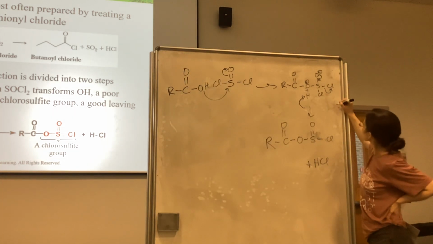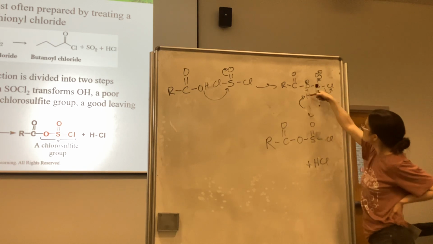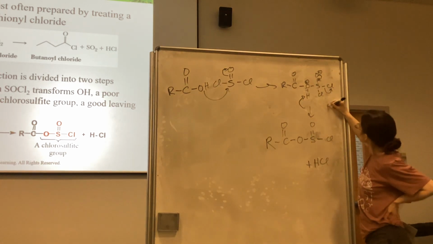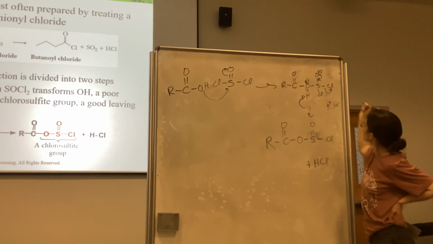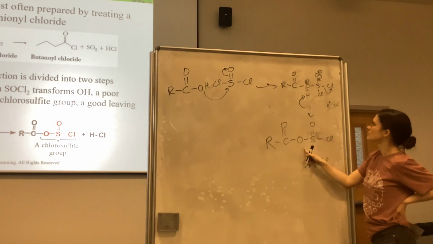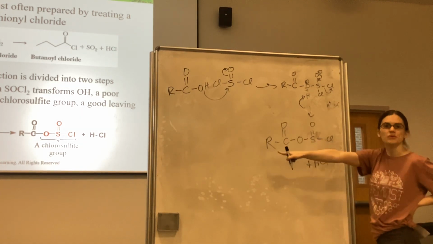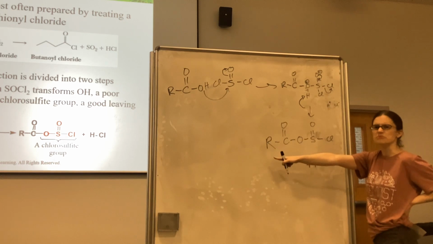That guy takes his electrons with it, so it's a Cl minus. This gets taken, so it's an H plus. So, that's several steps. I hate when they do that, and they're like, this is totally a mechanism.